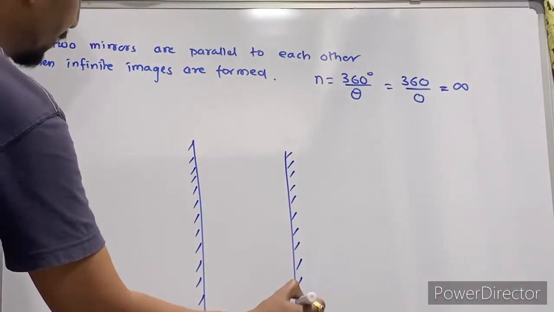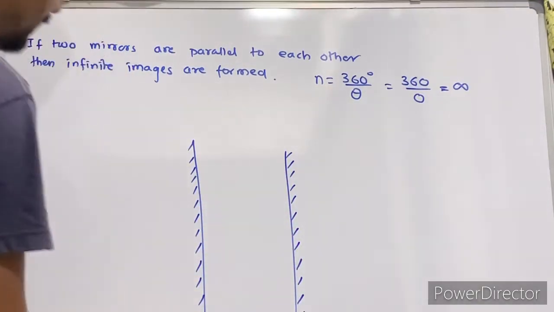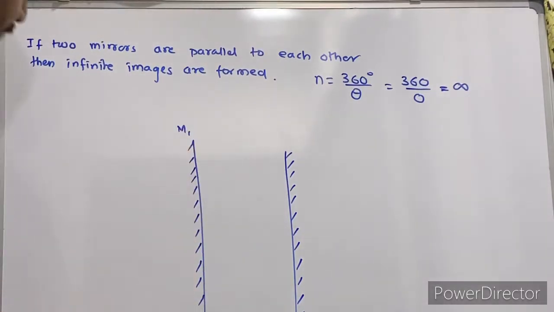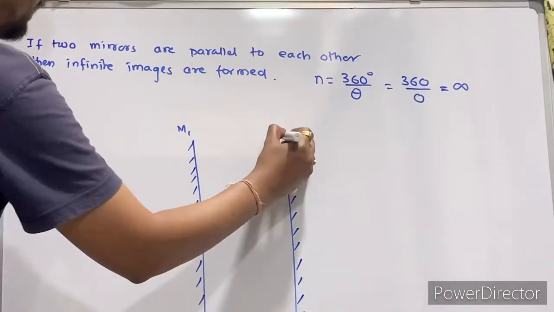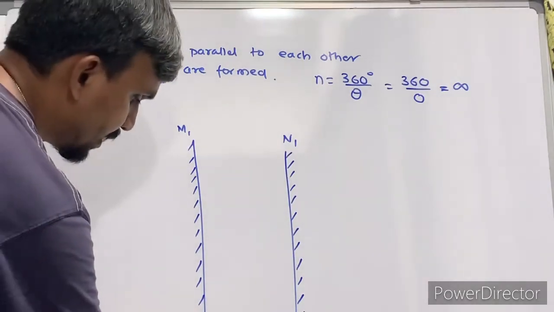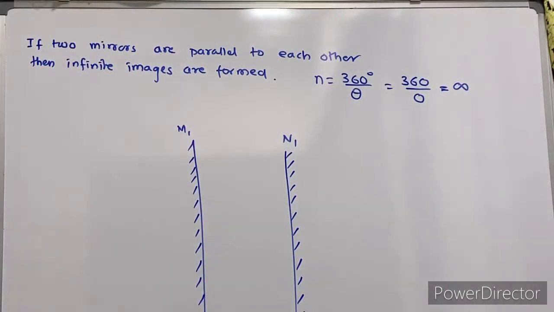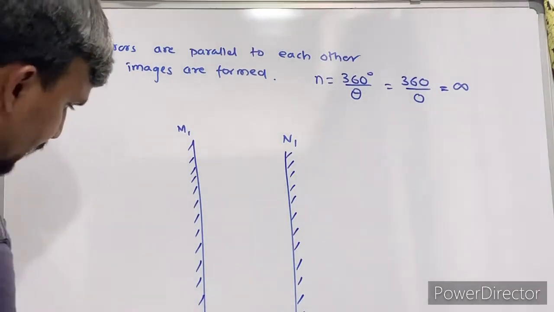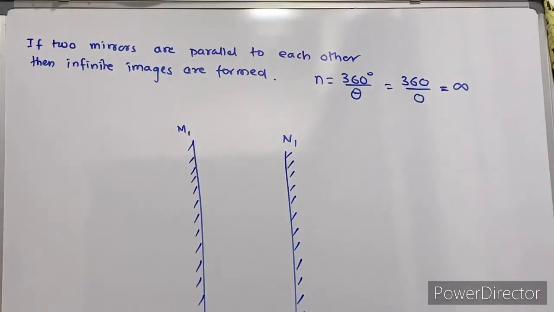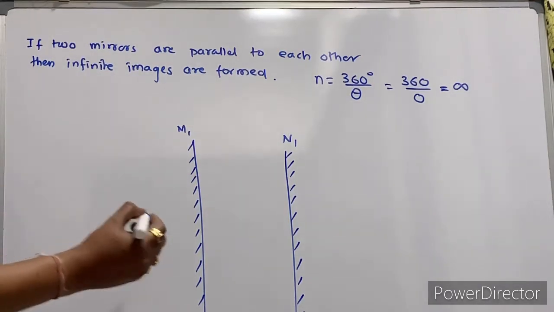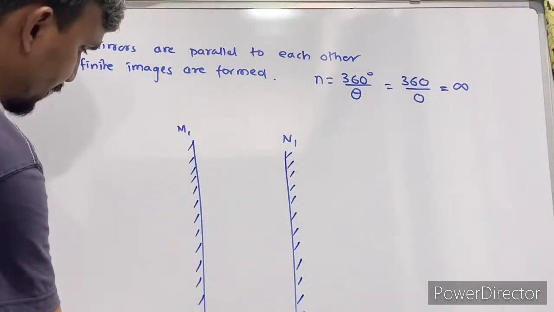First of all, these are two plane mirrors, which I will call M1, M2, N1, N2. Now say this is a standard line that I am keeping. Now here, say this is my object.